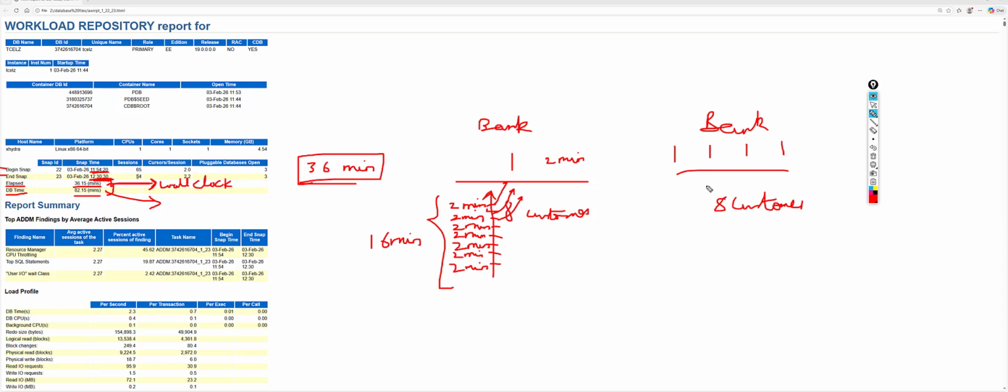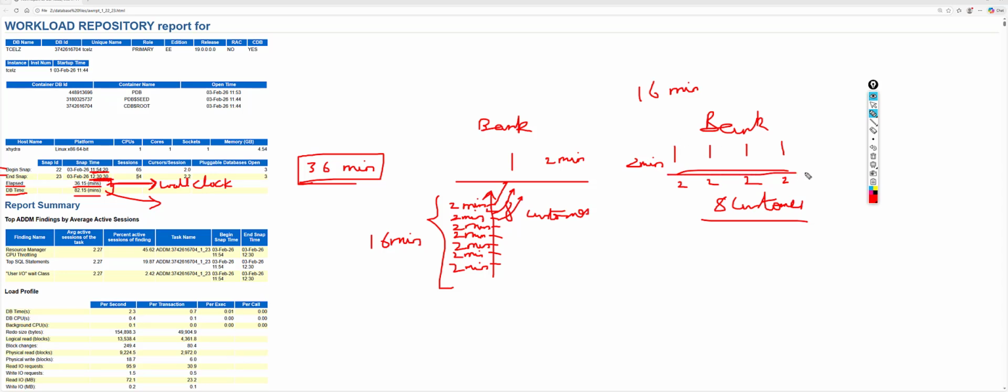But here you can take the same example with 8 customers, where in each counter 2 customers can be served. If each customer takes 2 minutes, here also the same 16 minutes will be taken.